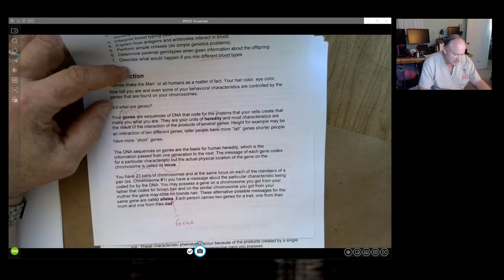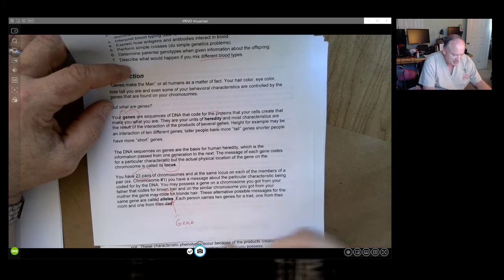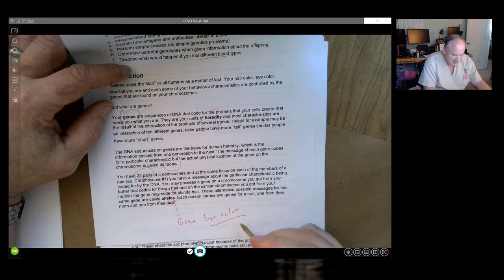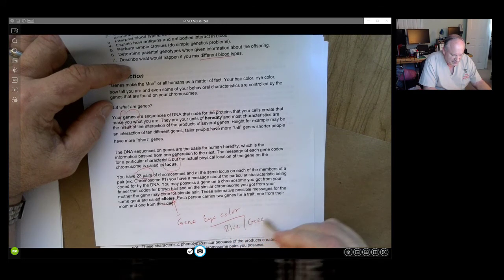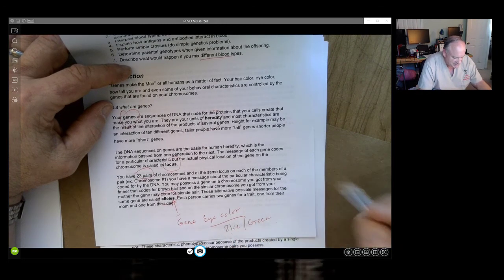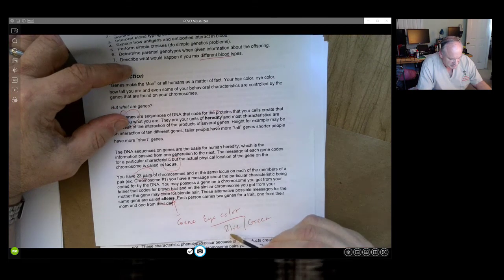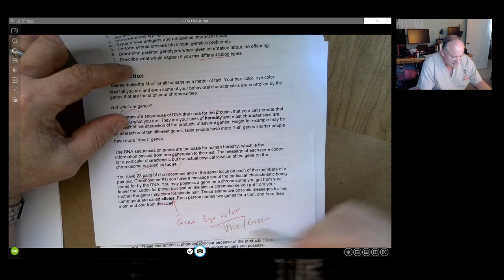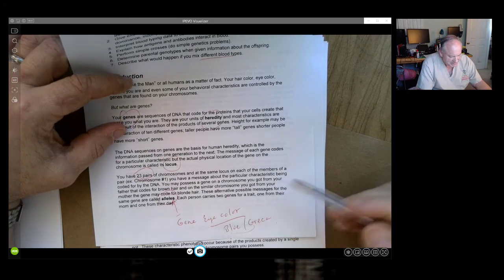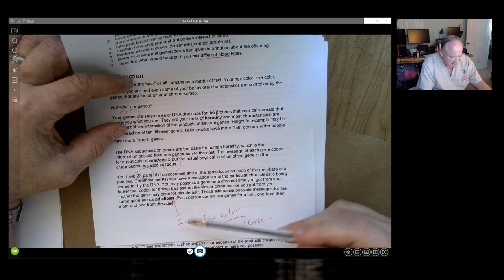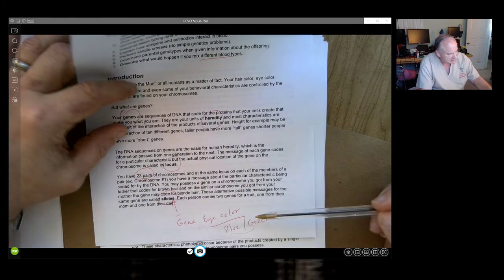Let's say for eye color, you may have blue and green, and it depends on which is dominant that's expressed, or you may have a mixture of the two. It depends, but those serve as an allele for that particular trait.